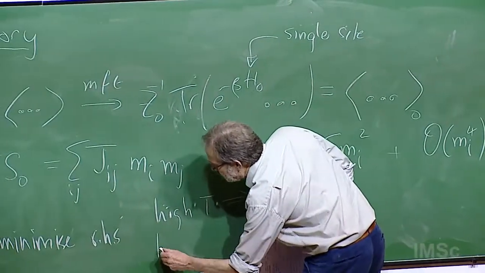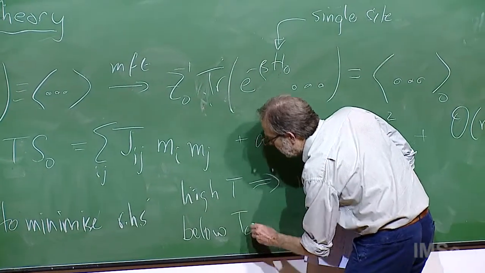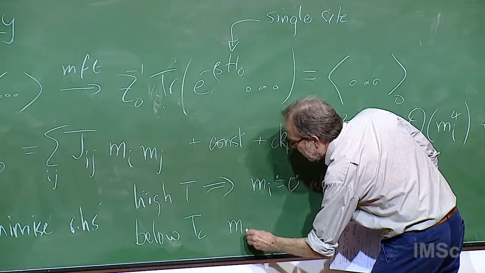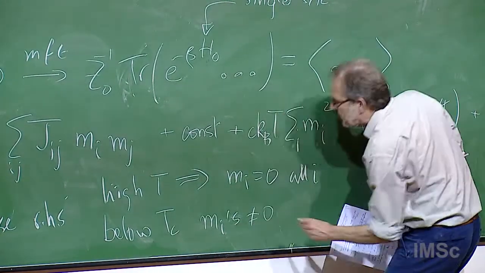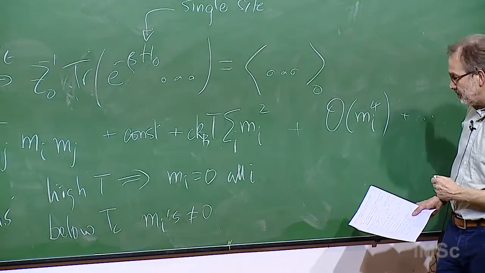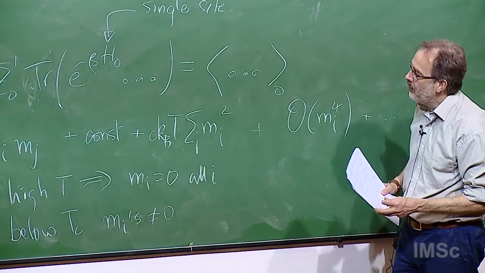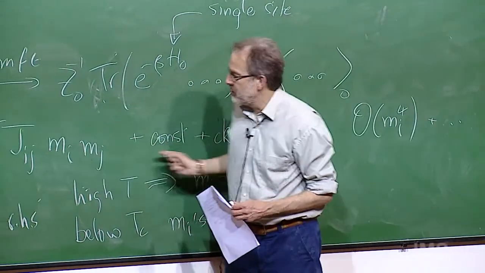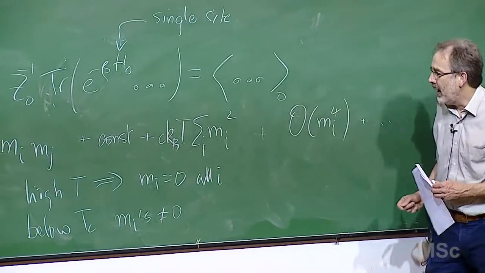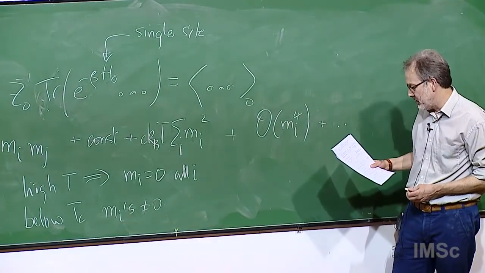So what usually happens in mean field theory is that below some critical temperature, we have M_i which are not zero. And of course, the critical point comes from looking at the eigenvalues of this quadratic form and asking when the lowest eigenvalue changes sign.